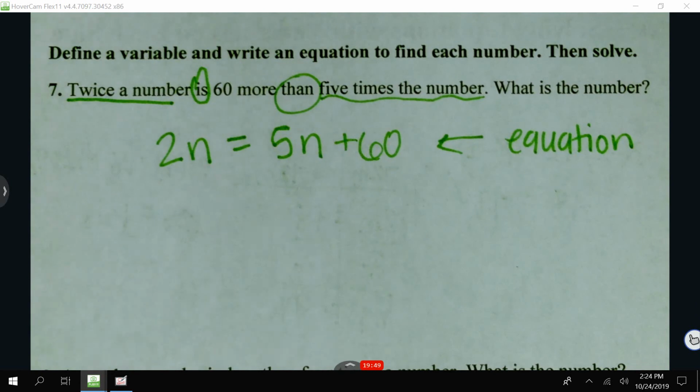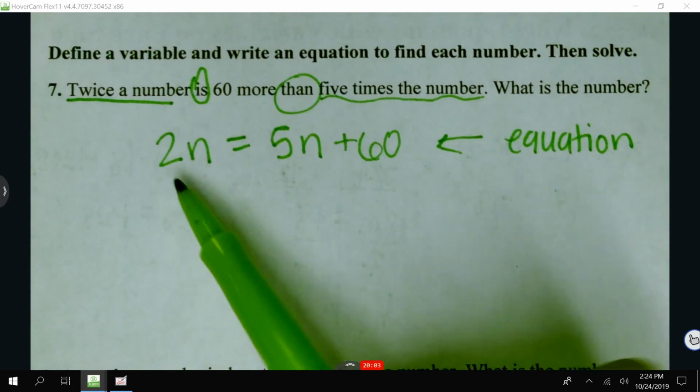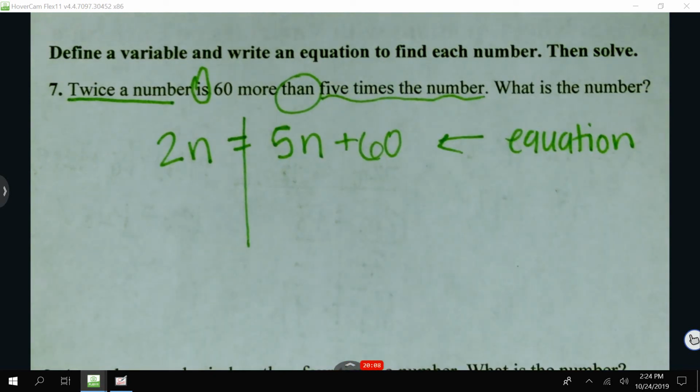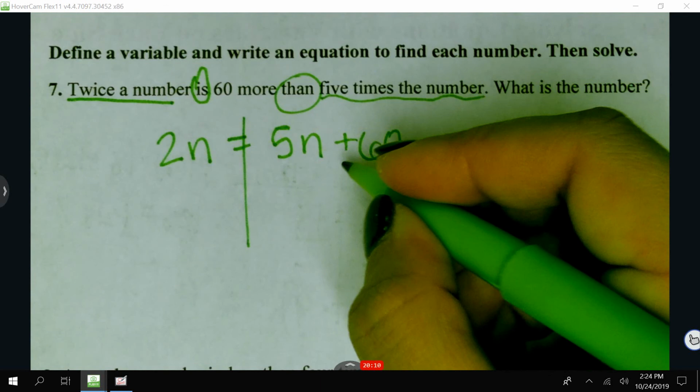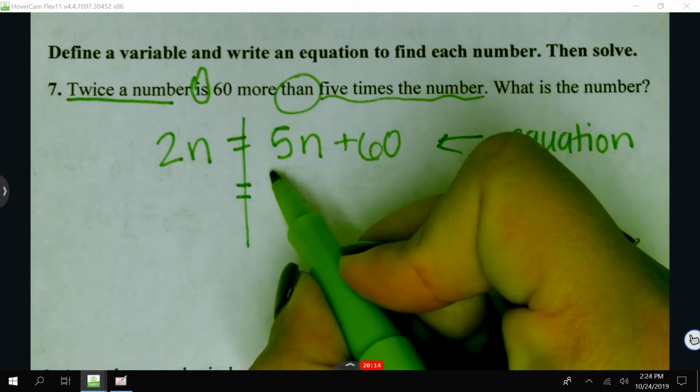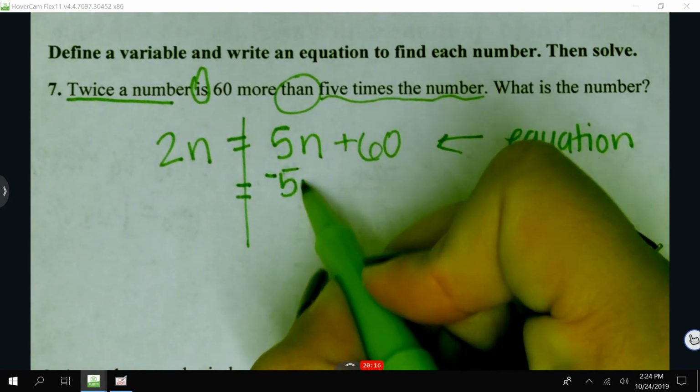So that's my equation that they're asking for. Now, if it's asking what is the number, that means I have to solve it, right? So what do I do first? Subtract 2n? If I subtract 2n, will I have anything on that side of the equation? No. I want to subtract 5n.